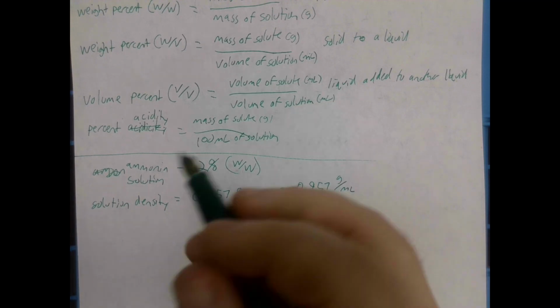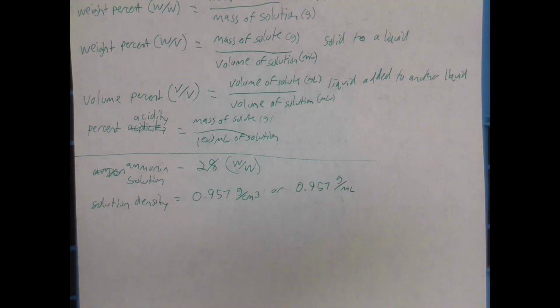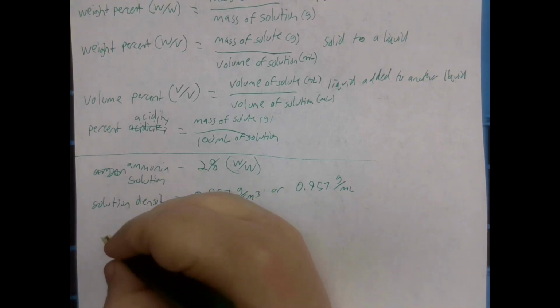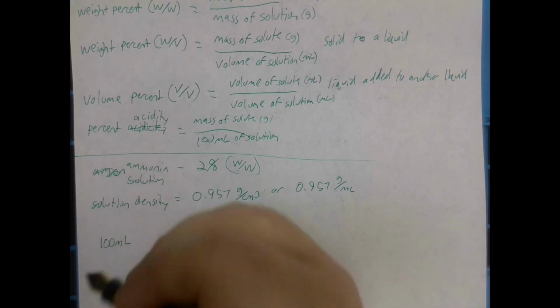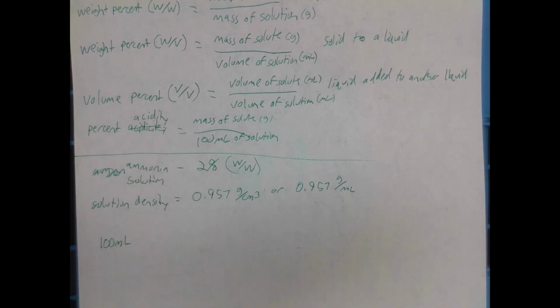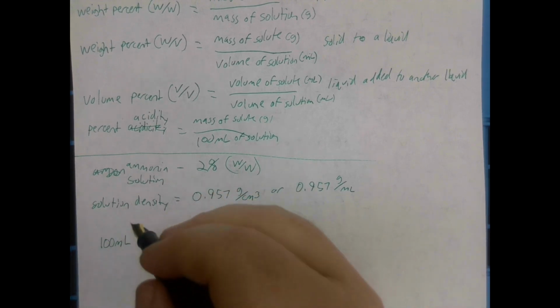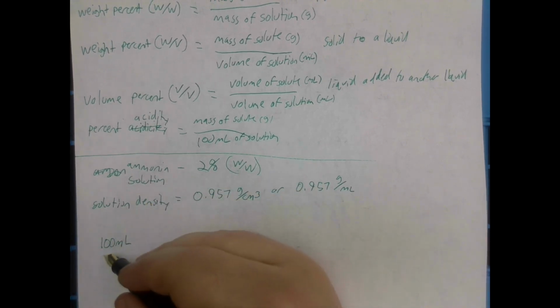So concentration doesn't depend on how much you have. It's always good to just assume a random amount. I always choose 100 milliliters. It might be easier to just guess 1 liter and work with that, but I always just assume 100 milliliters. The question is then, how many grams of ammonia do we have?